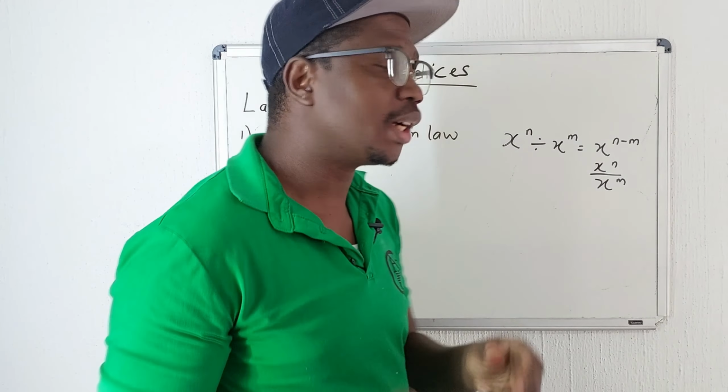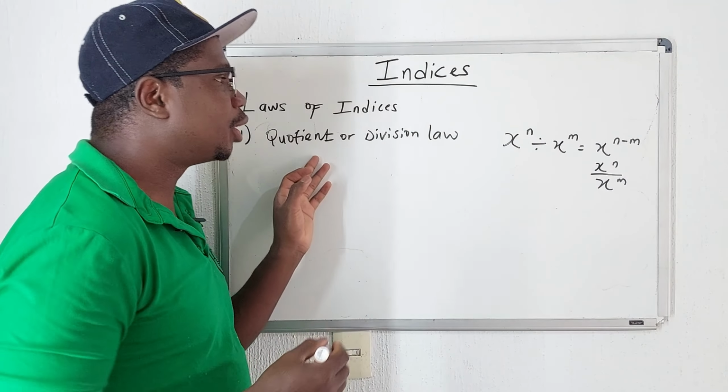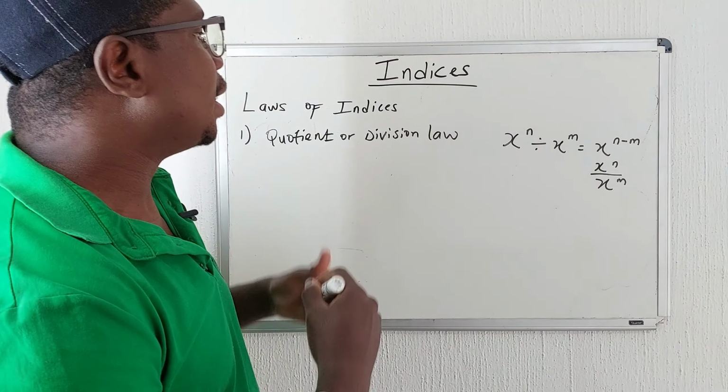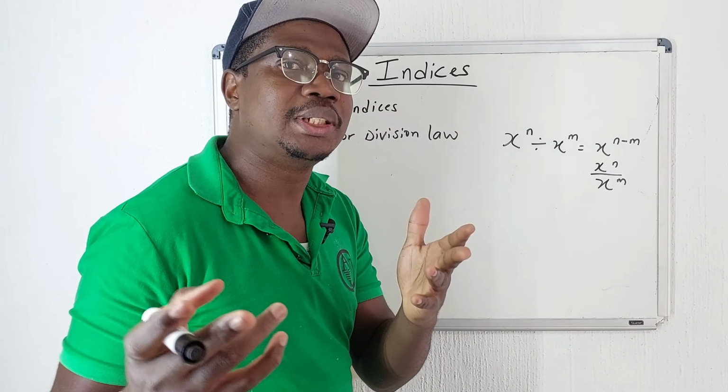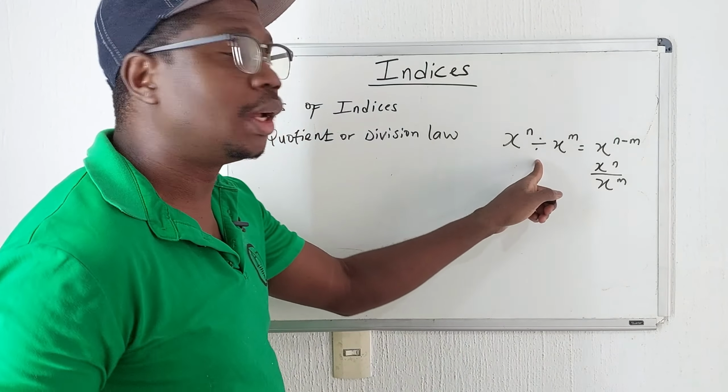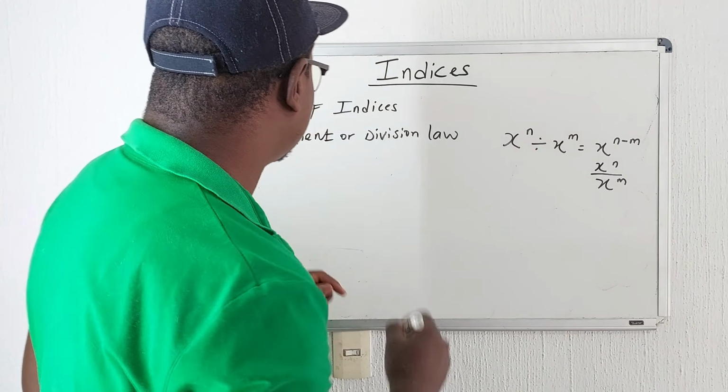Now, the second law, which we call the quotient or the division law, has basically the same properties as the first law, except for the sign in between, which is the division sign.